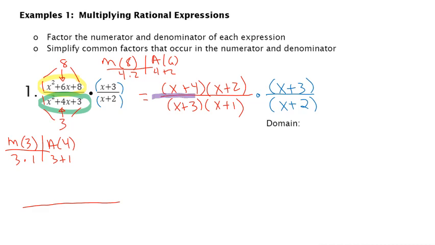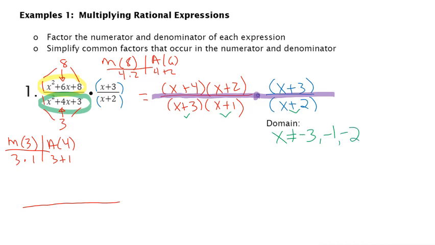So it's like this is one giant fraction bar because we're working with multiplication. It's like you're just multiplying across. So now we're going to do what we did before. I'm first going to look, if they ask for domain, I'm not allowed to make this bottom part equal 0. So I know I can't have the opposite of 3, which is negative 3, the opposite of 1, which is negative 1, the opposite of 2, which is negative 2.